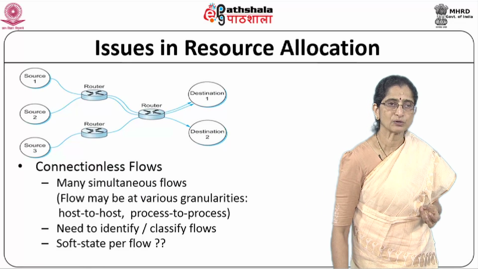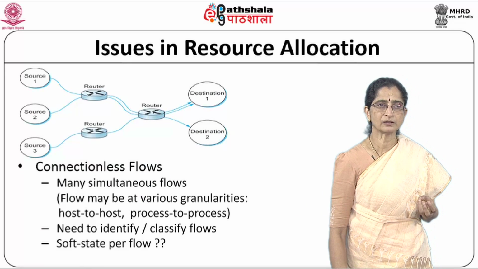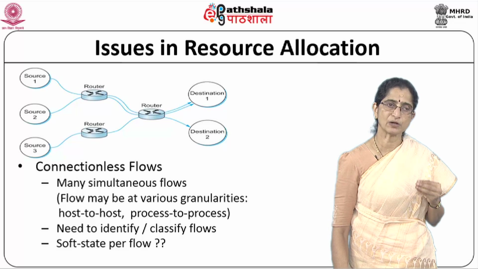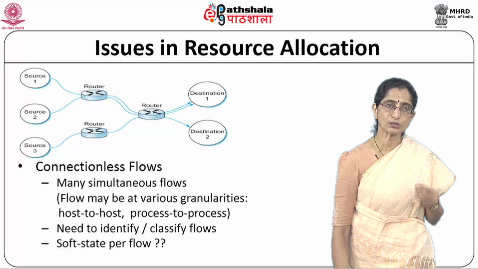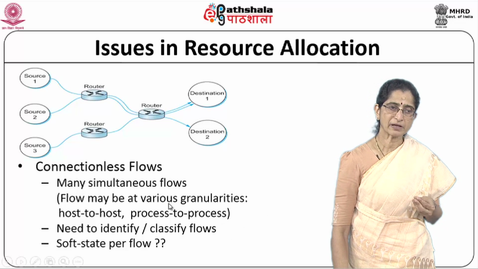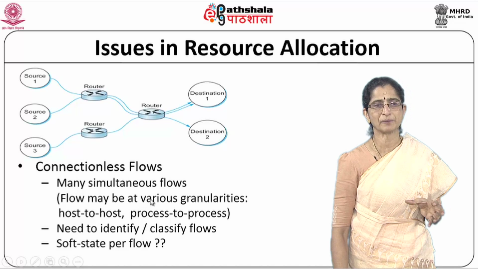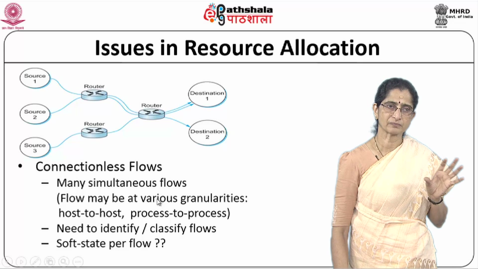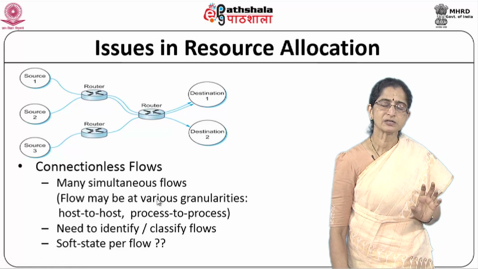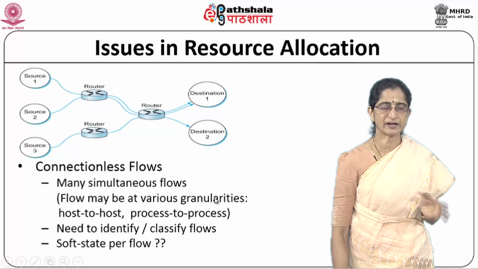The second thing we have to look at is that when we are looking at data flowing through the network, basically we look at it as packets, but we can also identify what are called flows. What do we mean by a flow? A flow is essentially a set of packets which can be said to belong to a particular set of endpoints. You could have flows defined at various granularities.